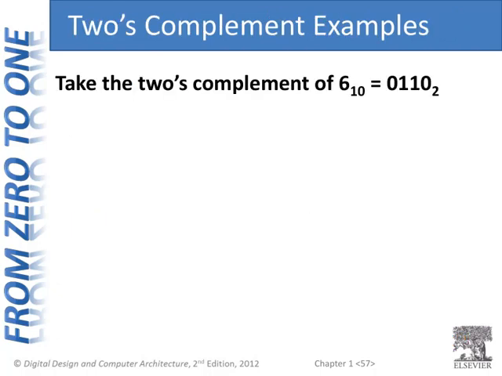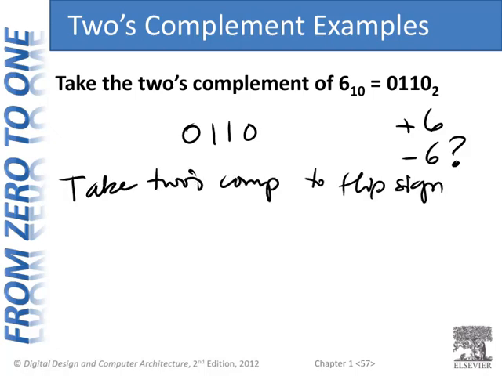So here's another example. We can take the 2's complement of 6. So 0110 is the 2's complement representation of plus 6. We want to figure out how you represent minus 6 in 2's complement. Well, I can take the 2's complement to flip the sign. So I invert the bits, step 1. 1001. I'm just inverting each of those bits.